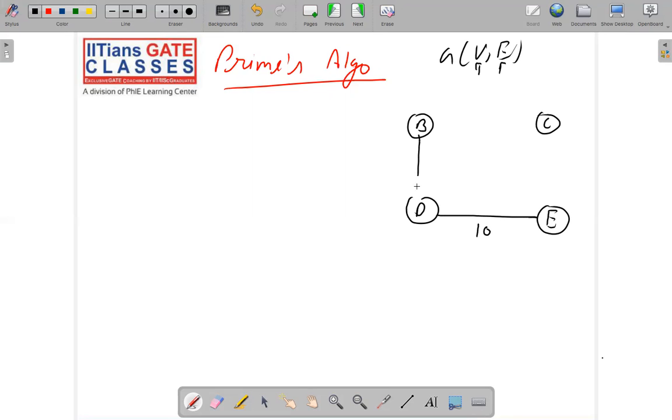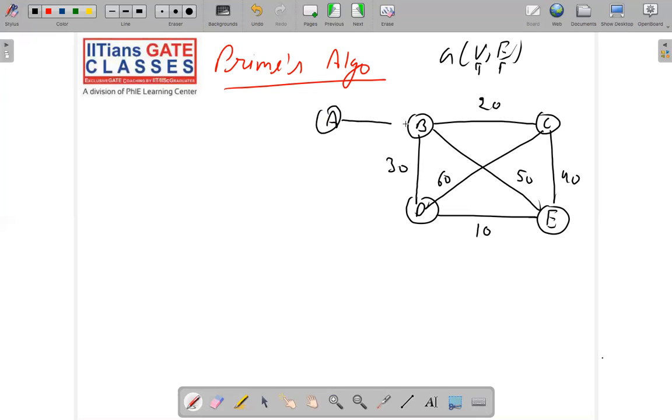Between B and D, we have an edge with weight 30. Here is 40, and here it's 20. Here it's 60. Here it's 50, and there is also a node A which has 70.